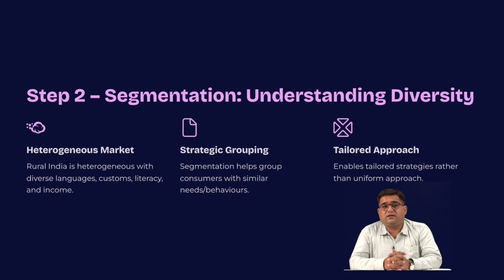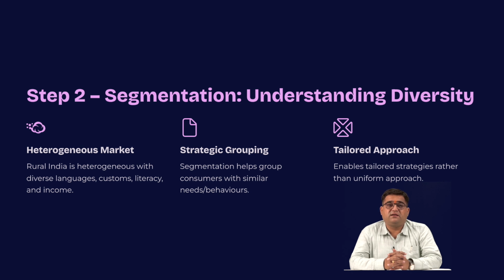It's crucial to recognize that rural India is not a homogeneous entity, but it's a mosaic of thousands of villages, each potentially differing in language, culture, economic status, literacy level, and infrastructure. Even within a single state, diverse socio-economic classes and subcultures exist.